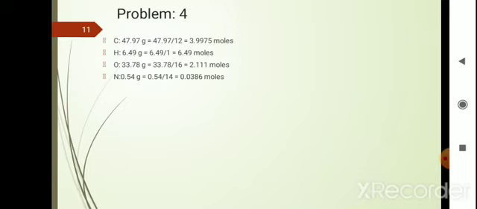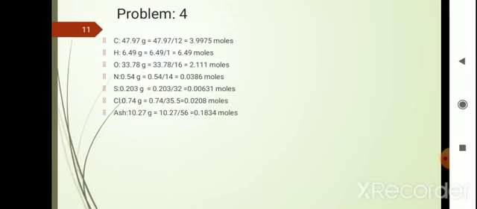Nitrogen is 0.54 divided by 14, 0.0386 moles. Sulfur 0.203 divided by 32, 0.00631 moles. Chlorine 0.74 divided by 35.5, 0.0208 moles. And finally ash 10.27 divided by 56, it is 0.1834 moles.